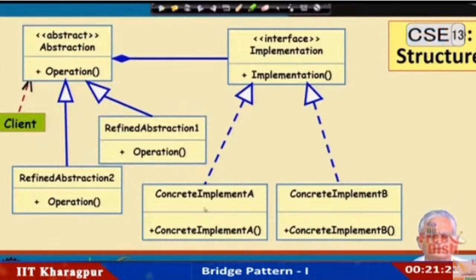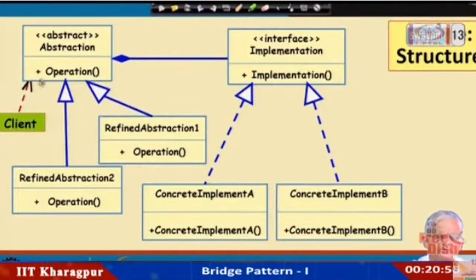We can redraw the structure like this, the same one. Here the abstraction is an abstract class, and many operations are defined. The refined abstractions are concrete classes. These are application domain classes.